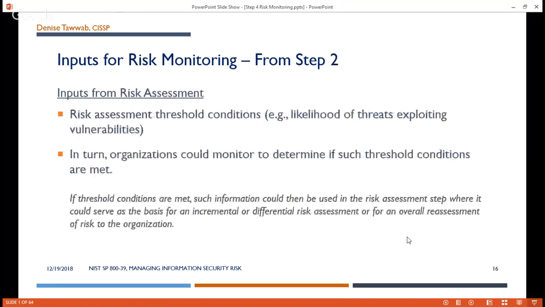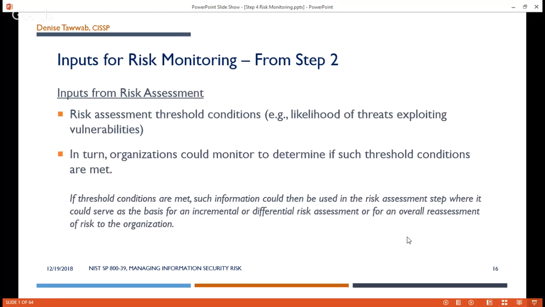Inputs from your risk assessment step into risk monitoring include risk assessment threshold conditions. For example, the likelihood of threats exploiting vulnerabilities. In turn, organizations should monitor to determine if such threshold conditions are met.